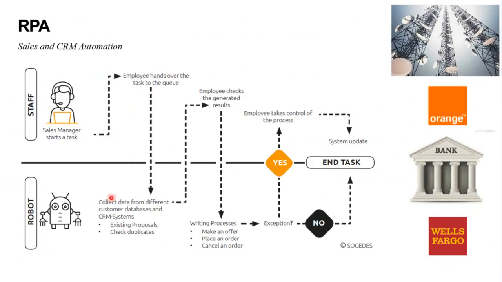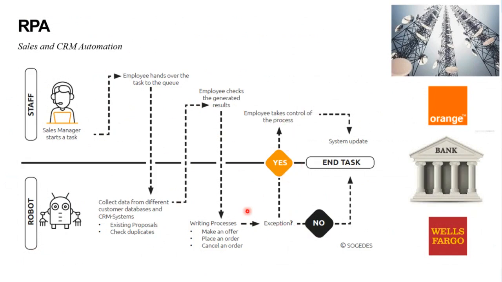This queue of tasks will be collected by the bot, and there will be some scanning to check if there are any duplicates or any similar existing proposals coming. Then it pushes it forward back to the employee. The employee checks the result that is generated, and if everything is okay, it goes back to the bot, and then the bot makes the decision of making an offer, placing an order, or canceling an order, for example.